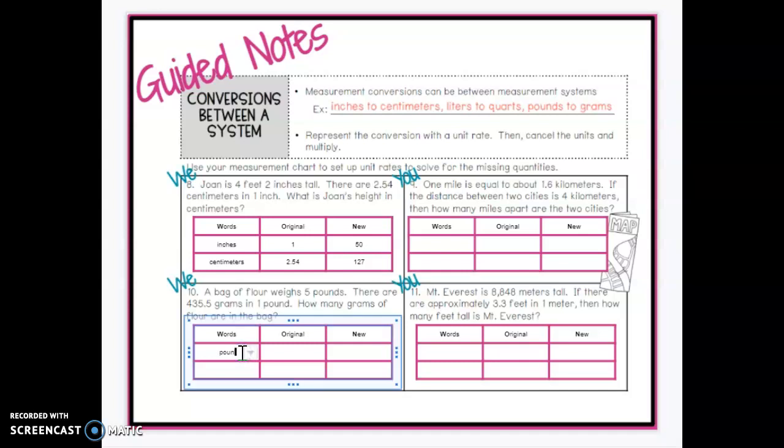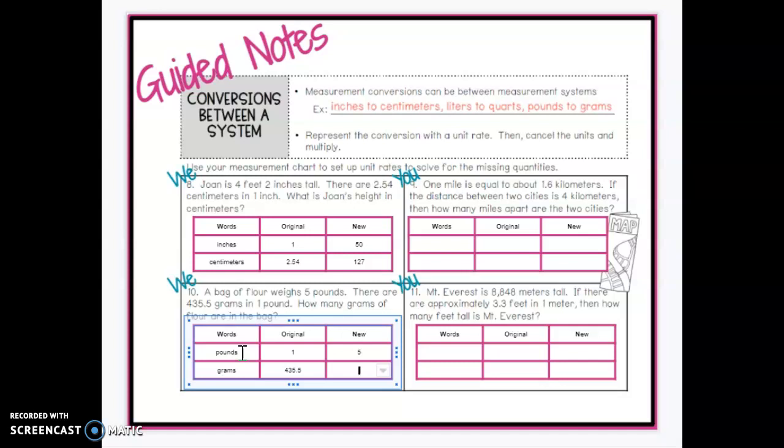Okay, so we have pounds and we have grams. Let's see, it tells us there are 435.5 grams in 1 pound. And it says I have a bag of flour that weighs 5 pounds. I need to know how many grams that is going to be.